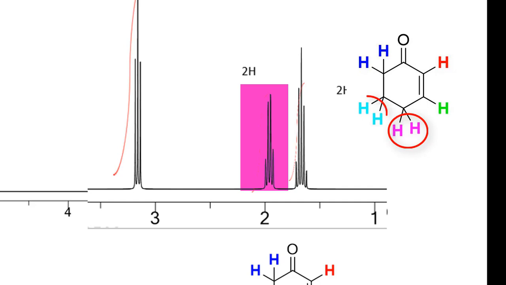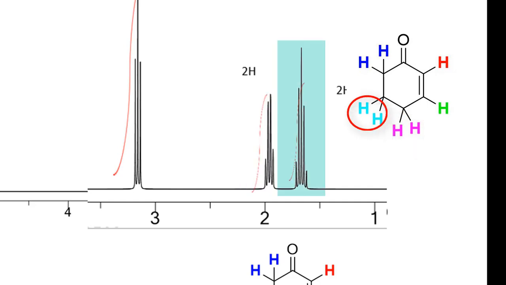And then by the same token, if a signal is split into a pentet, that means that N equals 4, right? So if you look at the teal protons, the blue protons on the left and the pink protons on the right, N equals 4 for that set. And so that signal for the teal protons is going to be split into a pentet.